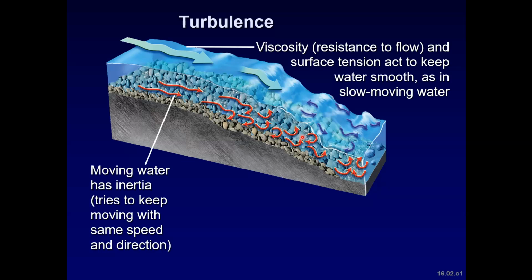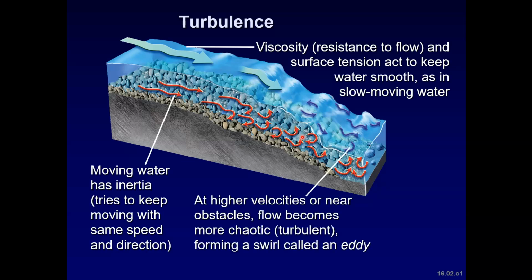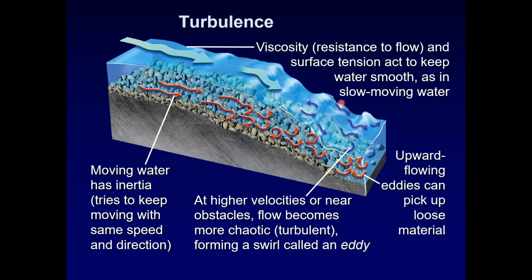It tries to keep moving with the same speed and direction. But at higher velocities or near obstacles such as sediments or rocks, flow becomes more chaotic and turbulent. We see these circular movements that can form a swirl that we call an eddy. And then upward flowing eddies can pick up loose material.